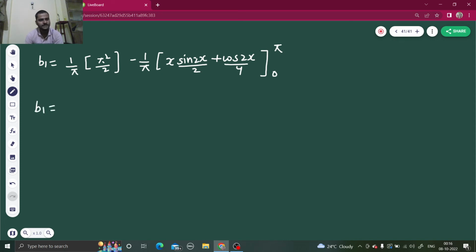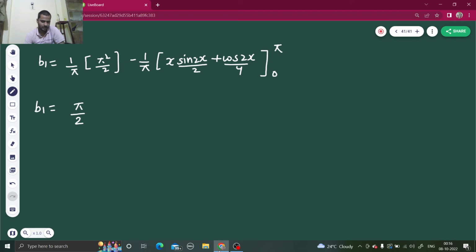So b1 is 1 by pi into pi square by 2. So this becomes pi by 2. And this becomes, when you put x as pi, so sine 2 pi is 0, x as pi.